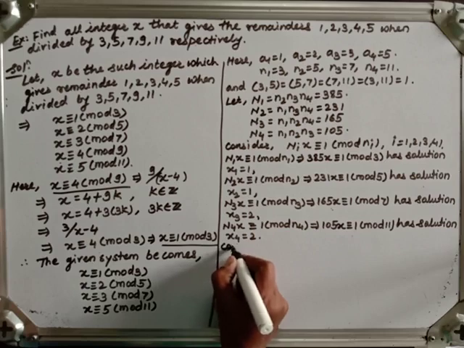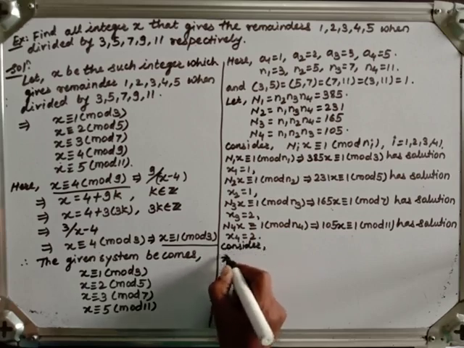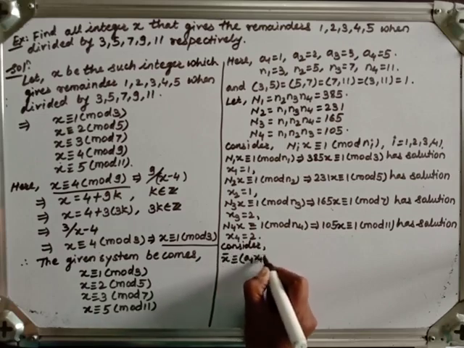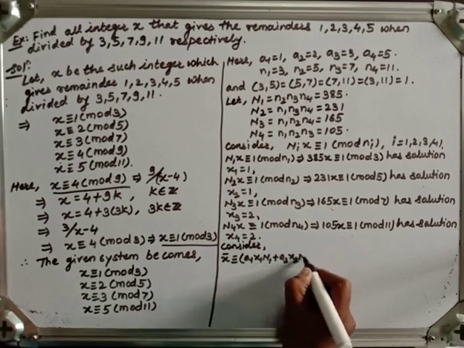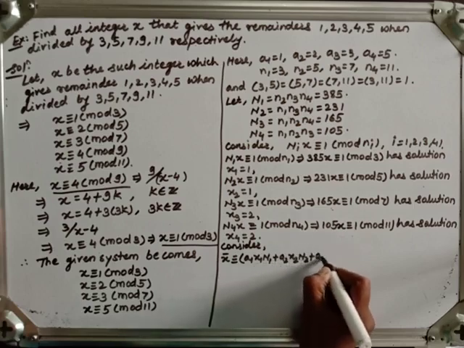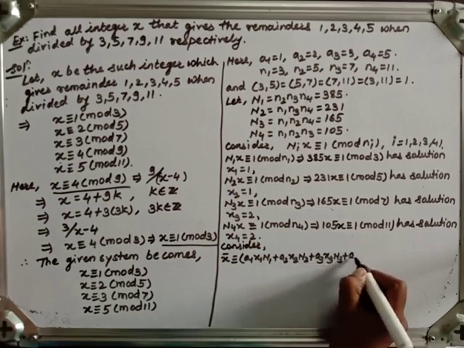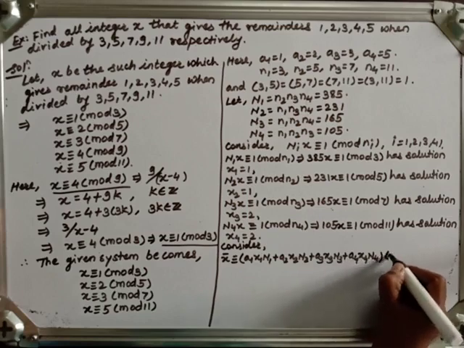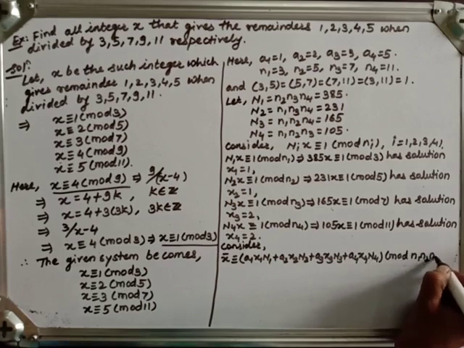So consider x bar congruent to a1 x1 N1 plus a2 x2 N2 plus a3 x3 N3 plus a4 x4 N4 modulo n1 n2 n3 n4.